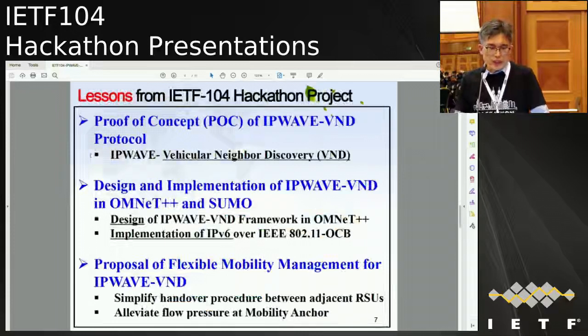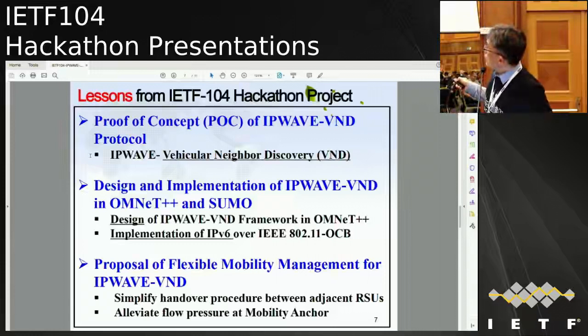From this project, we proved that basic IP Wave IEEE 802.11 OCB-based IP version 6 delivery is feasible. On top of it, we can implement neighbor discovery, taking advantage of vehicle mobility. So we designed and implemented the IP Wave vehicle neighbor discovery based on OMNet and SUMO.